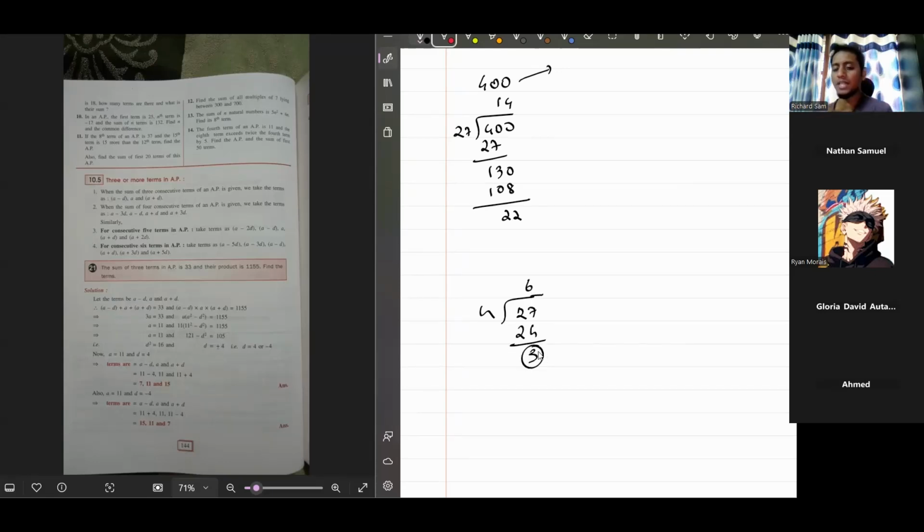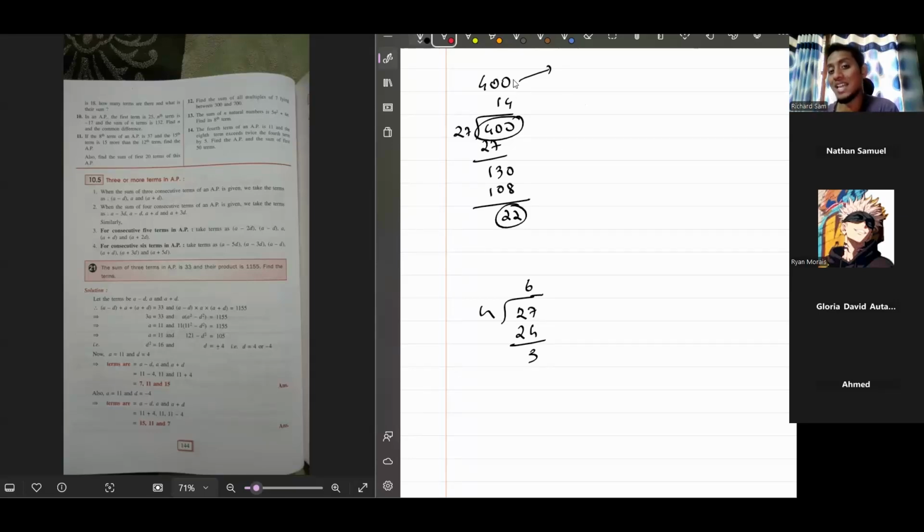So what does this 3 tell you? What should you do with 27 and 3 to get a number that is in 4 tables? Minus 3. 27 minus 3 gives 24, which is in 4 tables. So here also, from 400, if you minus 22, you will get a number smaller than 400 that is in 27 tables.